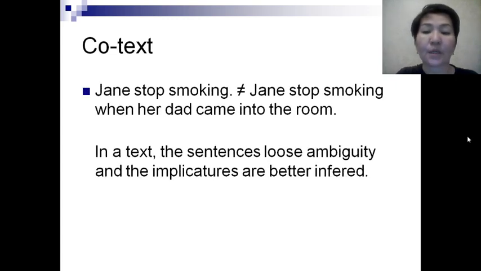For example, here we have two sentences: Jane stopped smoking, and Jane stopped smoking when your dad came into the room. You see, these sentences are different. In a text, the sentence loses ambiguity and the implications are better inferred.